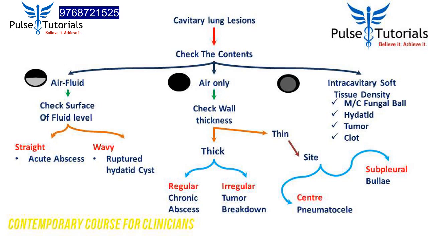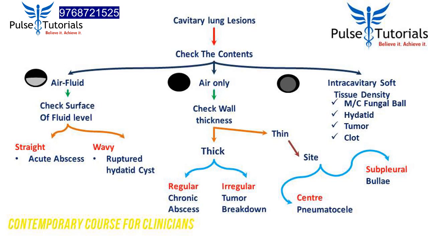The air only cavity, you have to check the thickness of the wall. If the wall is pretty thick, it can either be chronic abscess, in which case the wall will be regularly thick, and if the wall is irregularly thick, start thinking about tumor breakdown.